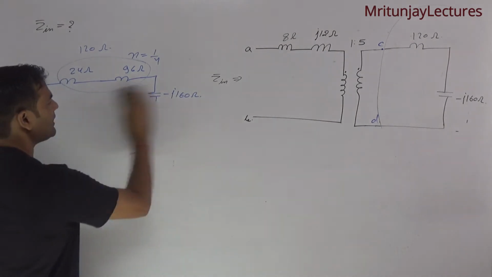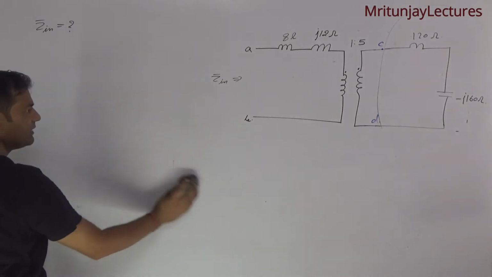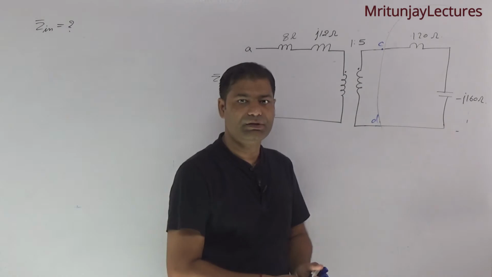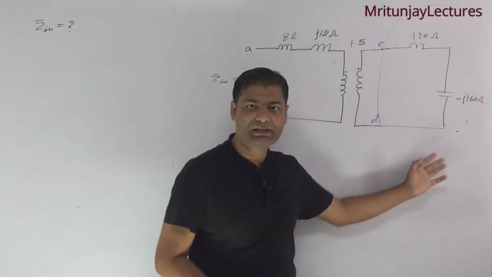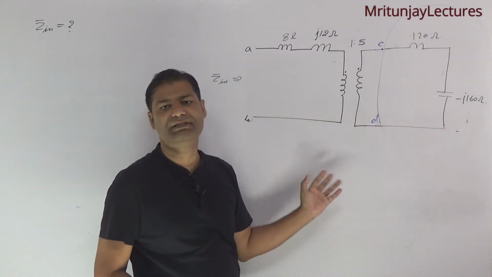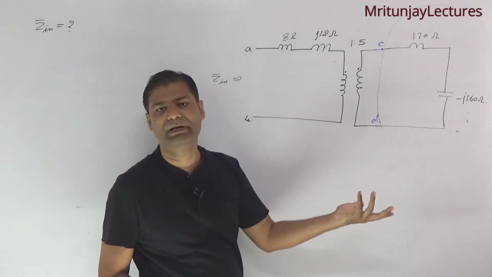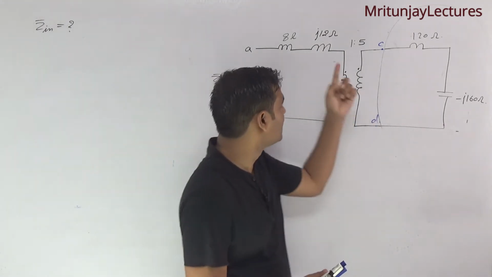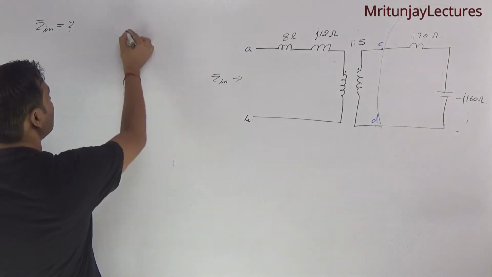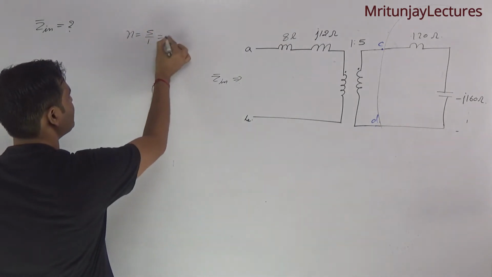Clear? Now once again, if this secondary side is converted into the primary side, then again Z divided by n square. What about n? n is equal to 5/1, that is only 5.